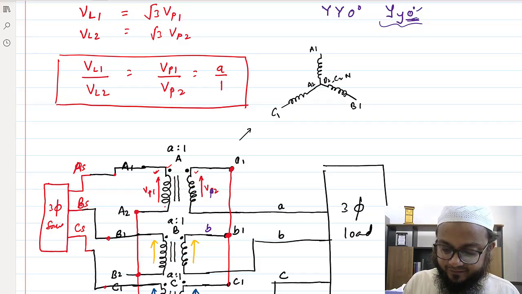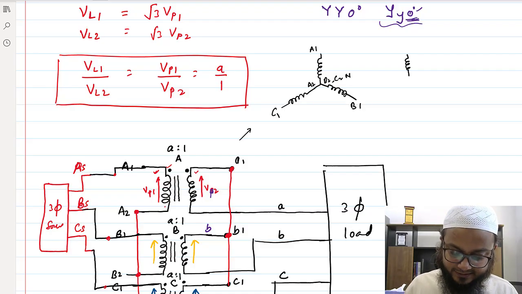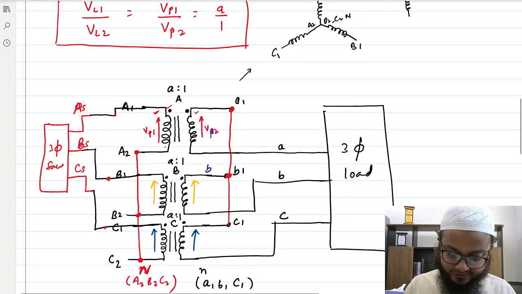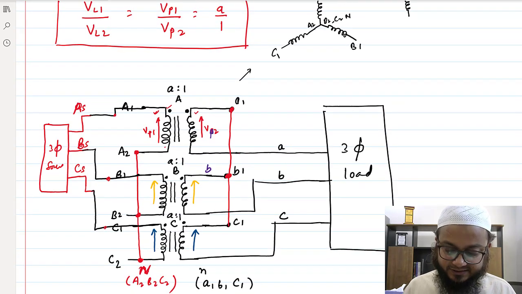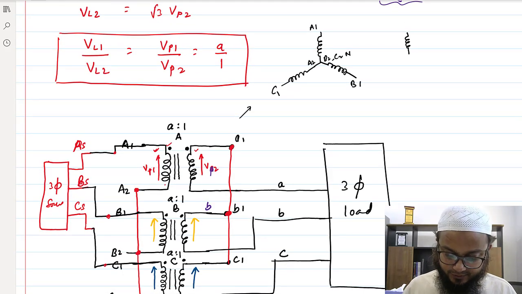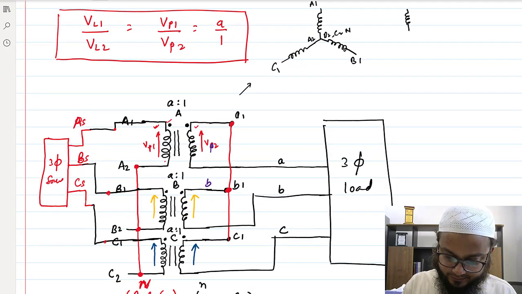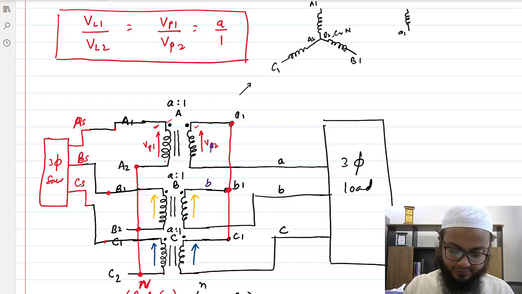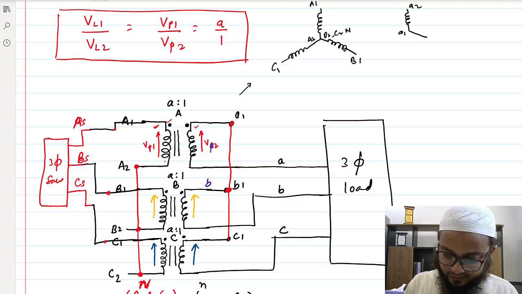Similarly for the secondary side, here what I have done is, if I'm drawing for this, you can see that A1, B1 and C1 I have shorted, right? So this is your A1, and this is A2 here. Similarly here, this is B2 and this is B1, and here C2 and here C1.